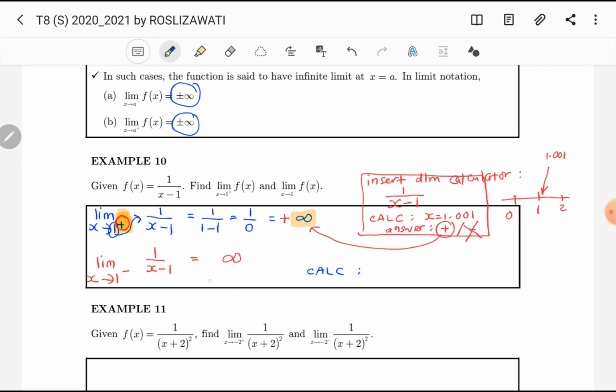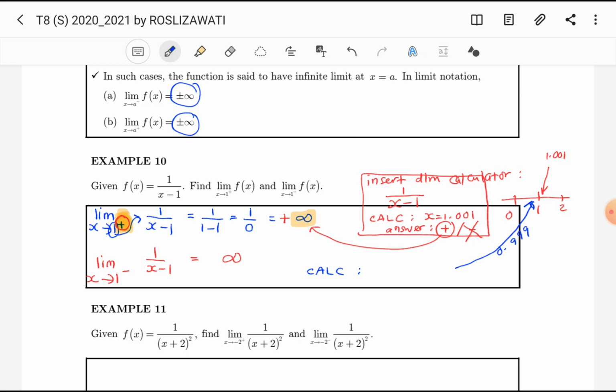Okay, so for this case, dia nak tengok 1 from negative. 1 from negative. So, 0 point berapa? 999 maybe? Ataupun 0.99 pun okey lah. Tapi jangan pula ambil jauh sangat. Ya? Kita kena ambil yang dekat-dekat dengan satu sebelah kiri dia.